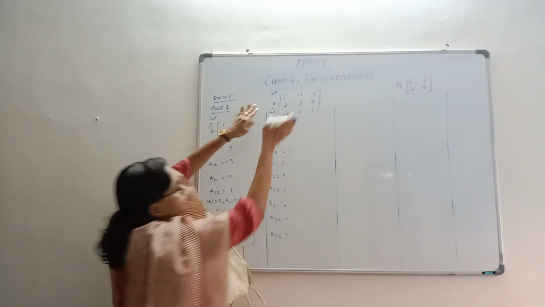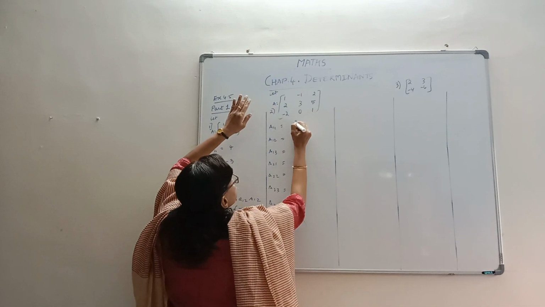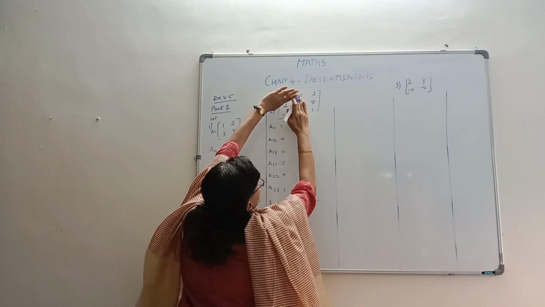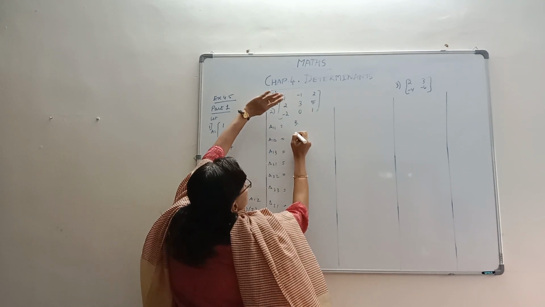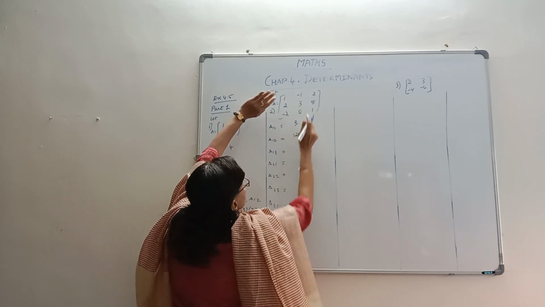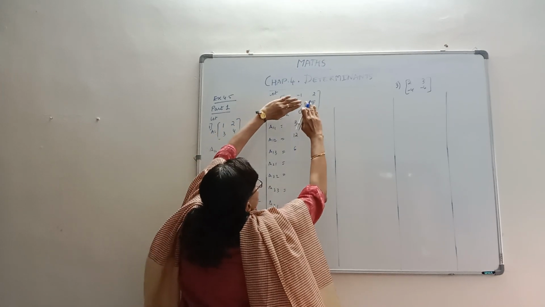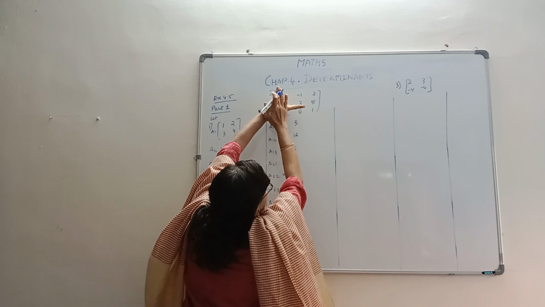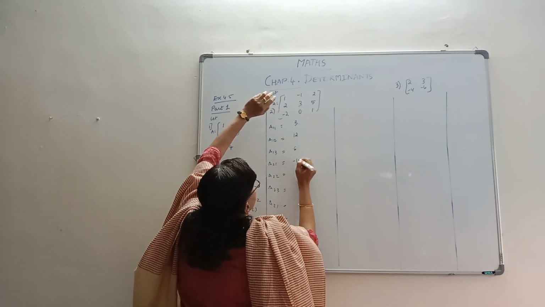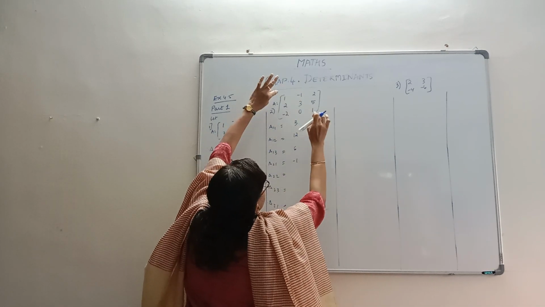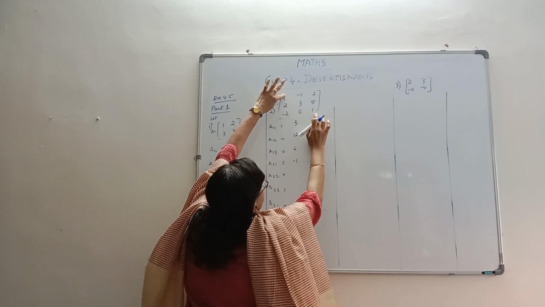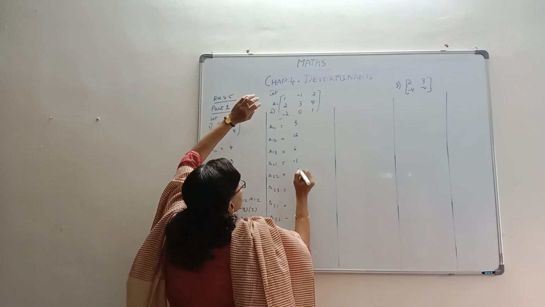So A11, what is coming? 3. A12, what is coming? 2 plus 10, 12. A13, plus 6. A21, minus 1. A22, 1 plus 4, 5.